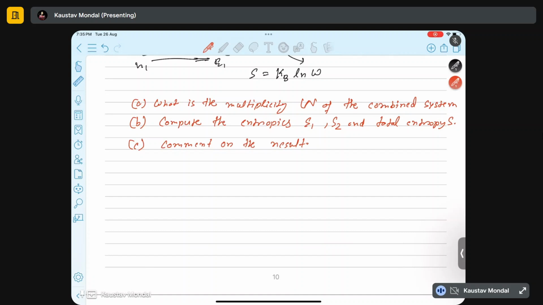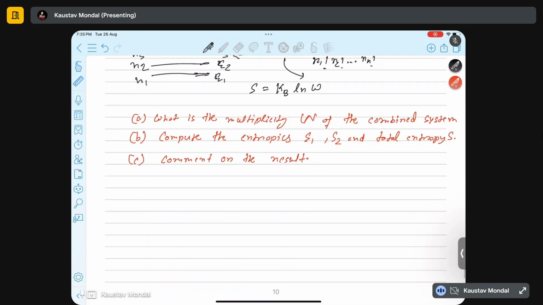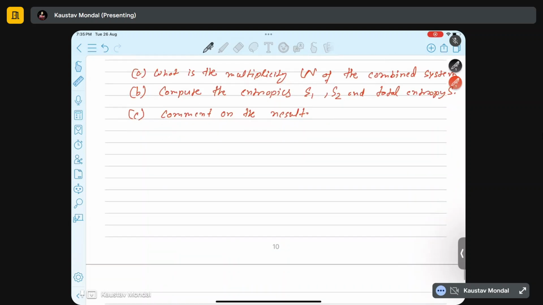So first we calculate the multiplicity W of the combined system. The first system has multiplicity W1 as 3 into 10 to the power 18, and the second system has multiplicity W2 as 5 into 10 to the power 21.